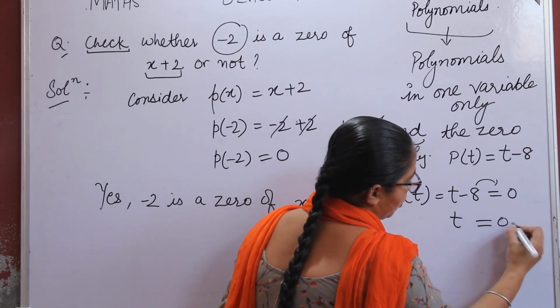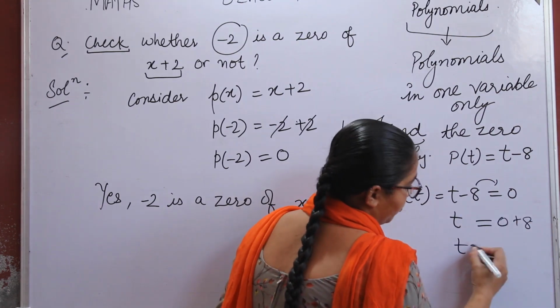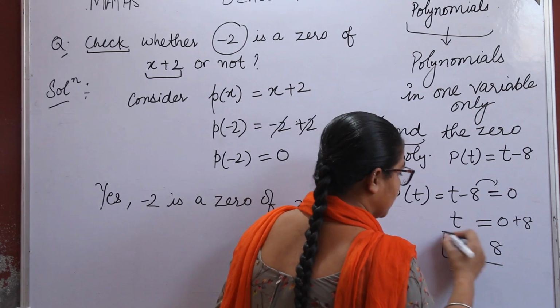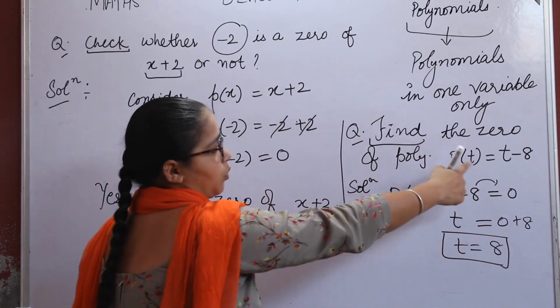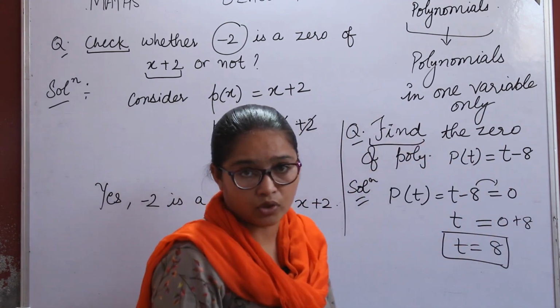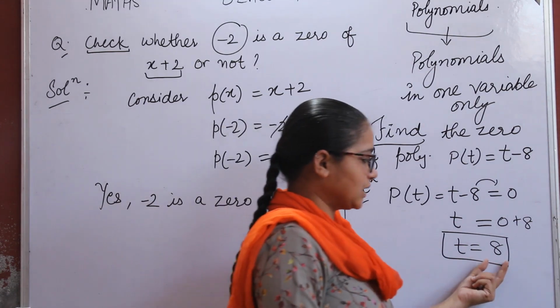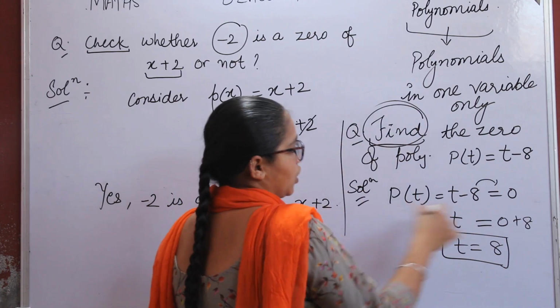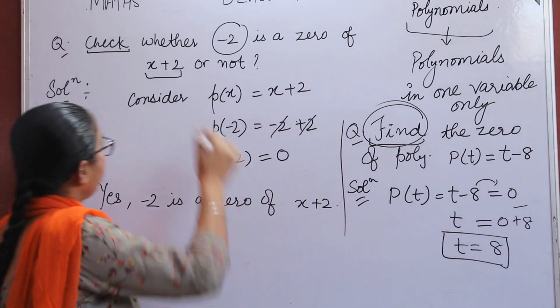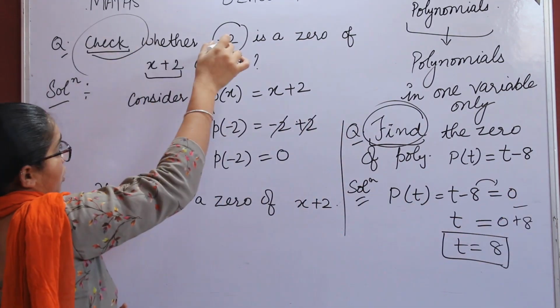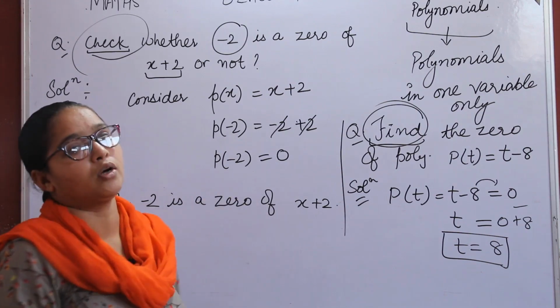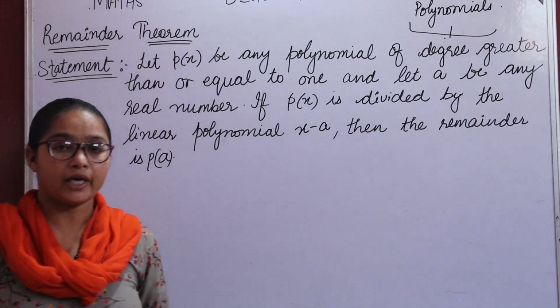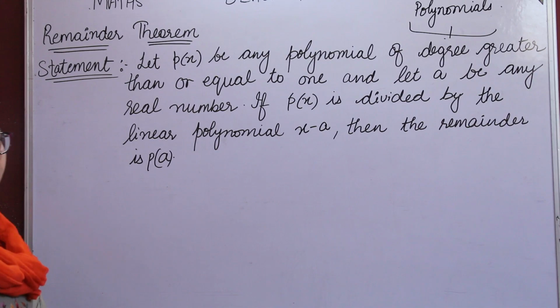So it would be 0 plus 8. t would be 8. So what is the 0 of this polynomial? 8. Okay, you can say that 8 is the 0 of this polynomial. When you have to find out, you have to equate it to 0. When you have to check, just fill that value in your polynomial. Got it? Okay, so now we are on remainder theorem.